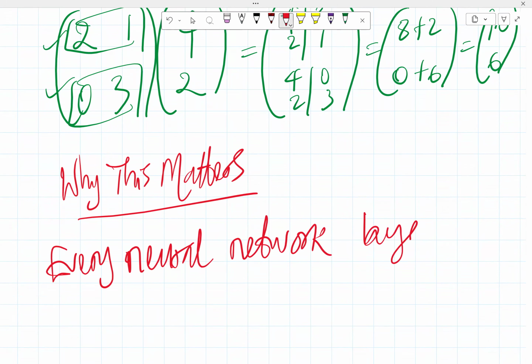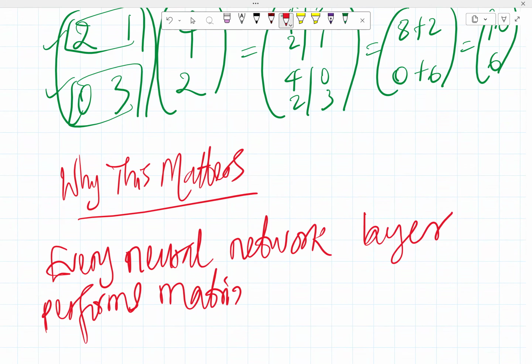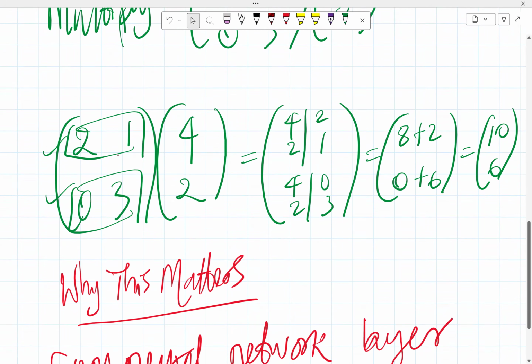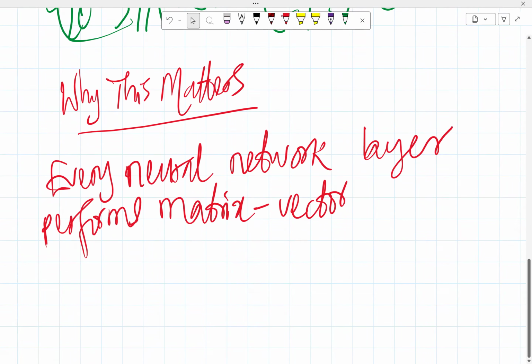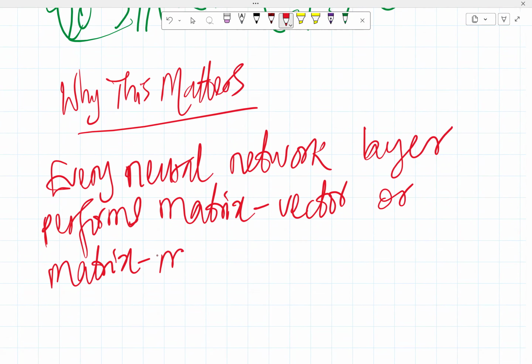Every neural network layer performs matrix-vector operations. This is a matrix-vector operation because it's a 2 by 2 matrix and a column vector. So every neural network layer performs matrix-vector or matrix-matrix multiplication.